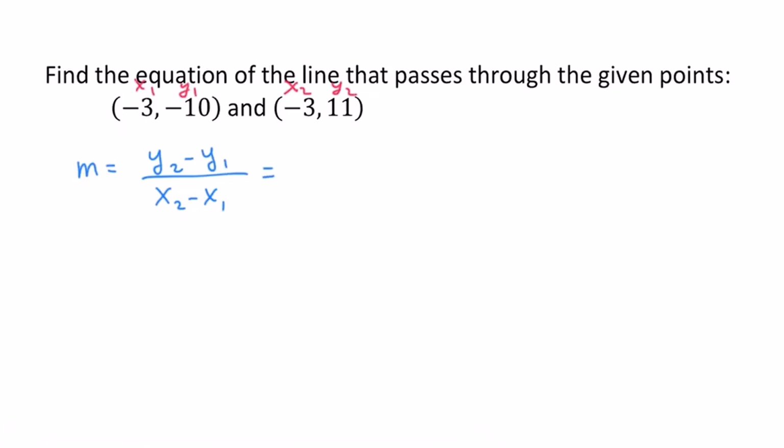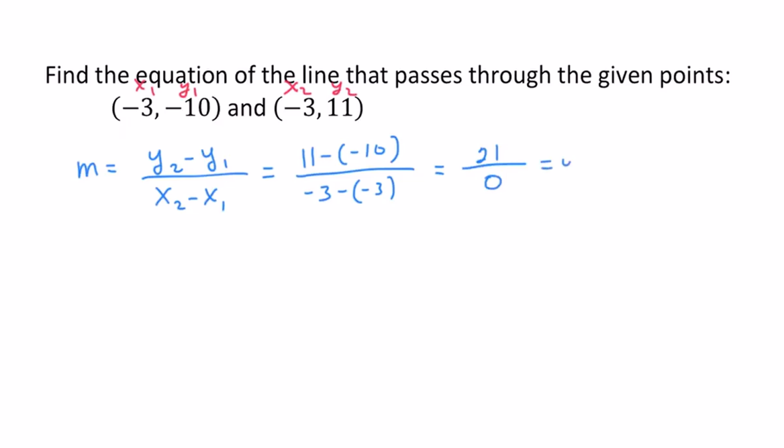So y2 minus y1. So we have 11 minus a negative 10 over x2 minus x1, so that is negative 3 minus a negative 3. 11 minus a negative 10, so that is 11 plus 10, so we have 21 over negative 3 minus a negative 3, so we have a negative 3 plus 3, so that is 0.